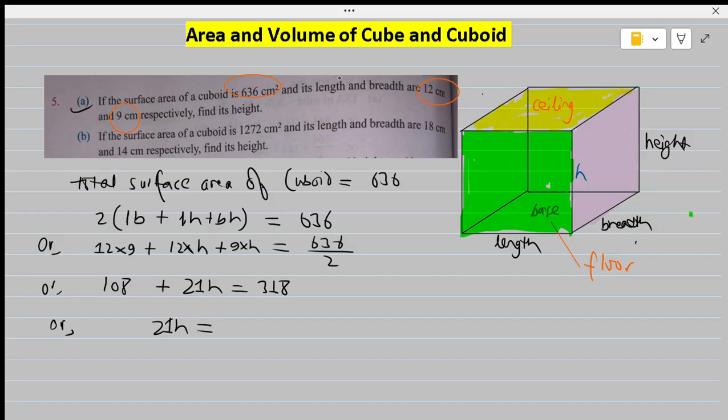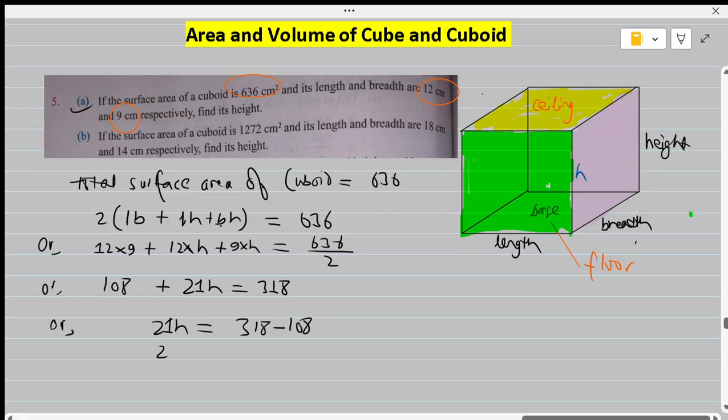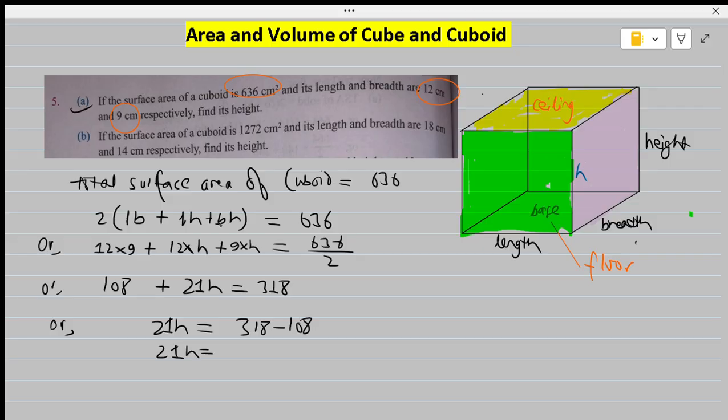To solve for h, now this 108 we send to the right side, so 318 minus 108. 300 minus 100 is 200, 18 minus 8 is 10, so it's 210. Now 21 is getting multiplied with h, so that will go down for dividing, so h equals 210 divided by 21, that equals 10.